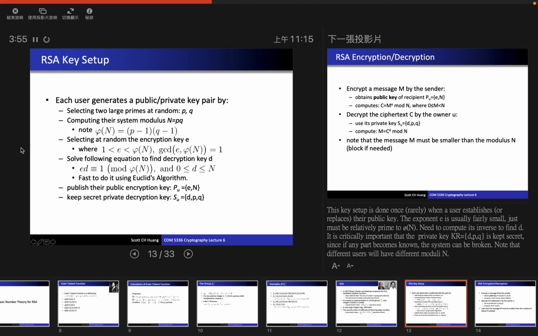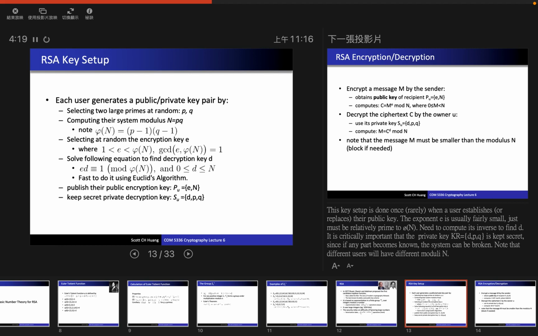Now, we select a random number E, which will be the public key. So just pick any element E. And then we calculate its multiplicative inverse, D, of E, mod phi(n).